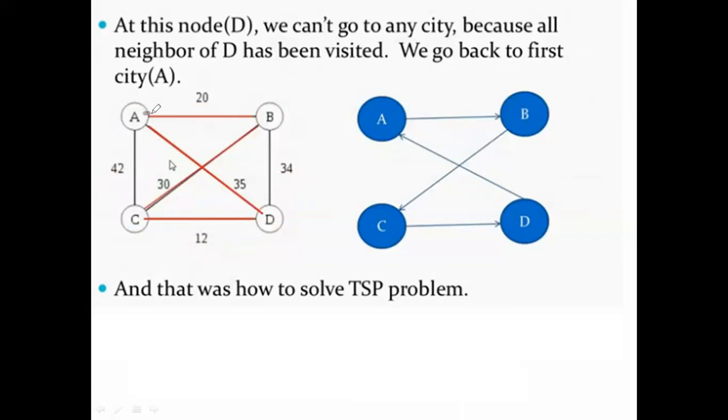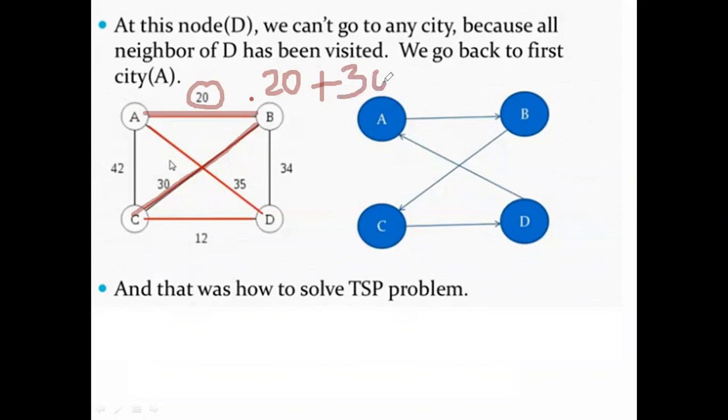A to B. Okay. A to B cost is 20. So 20 plus B to C 30. Okay, you choose either D is 34 or C is 30, which is minimum, 30.